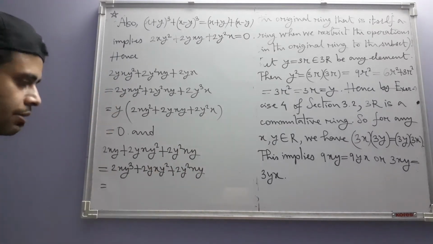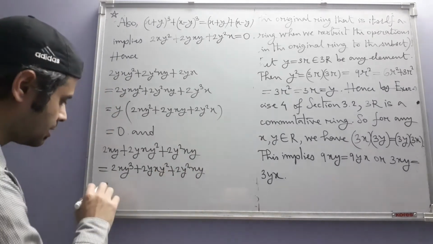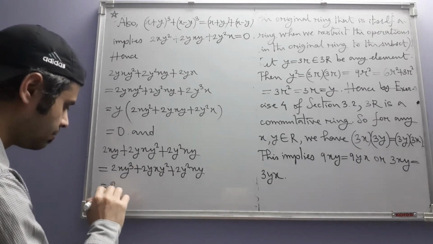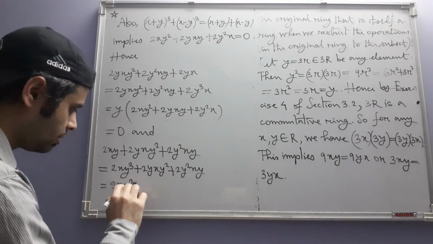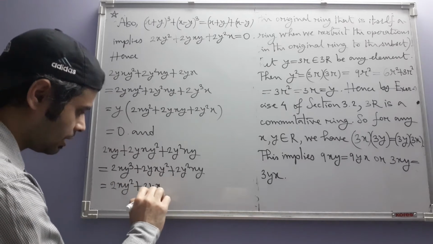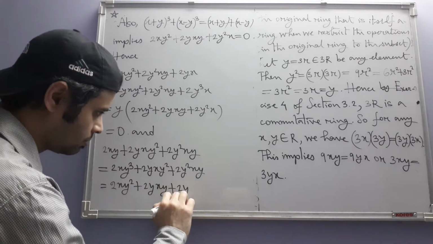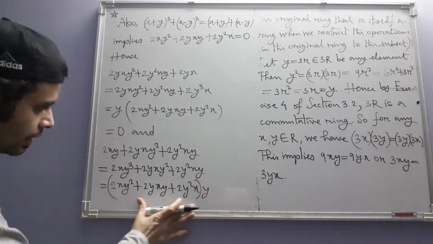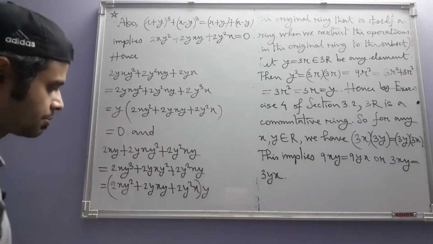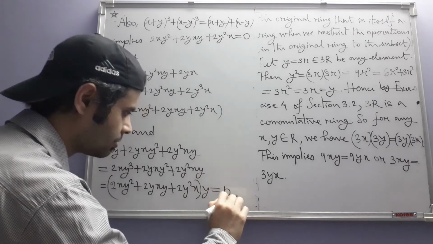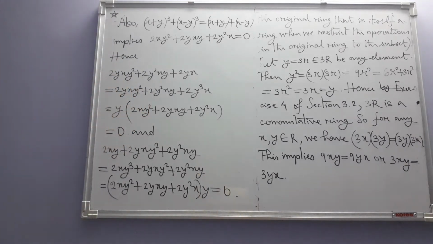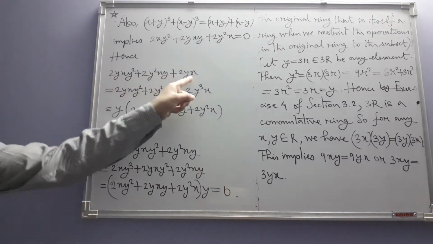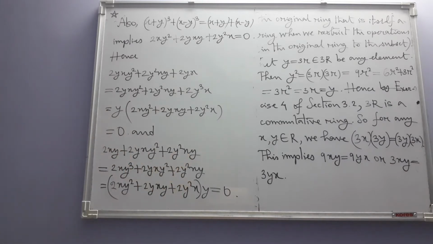Now again we take y common out, but from the right hand side using the right distributive law: 2xy square plus 2yxy plus 2y square x. So here we end up with the same expression. So this is also equal to 0. So that means this is 0, this is also 0.